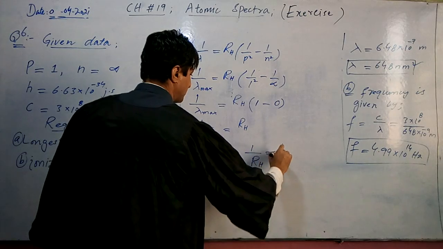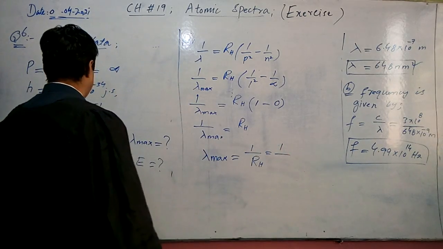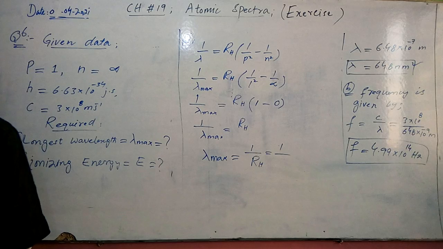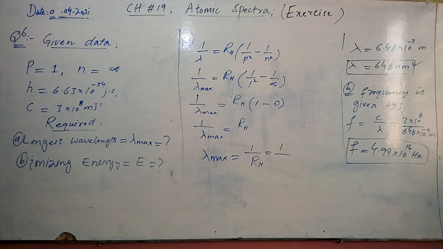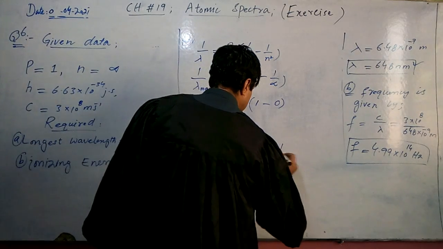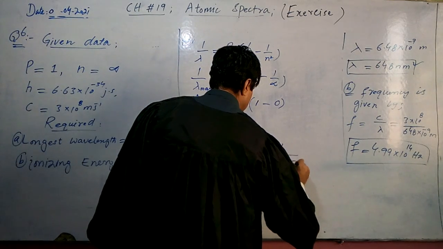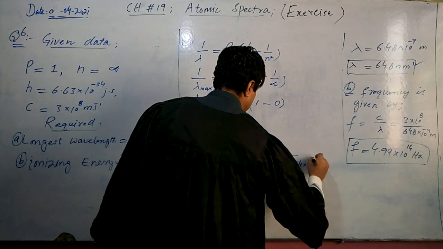By putting values, 1 divided by what is the value of RH? The value of RH is 1.0974 multiplied by 10 power 7.